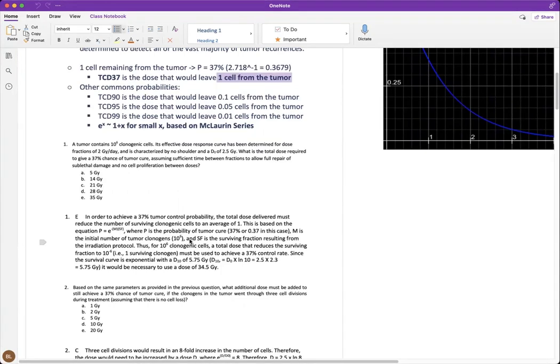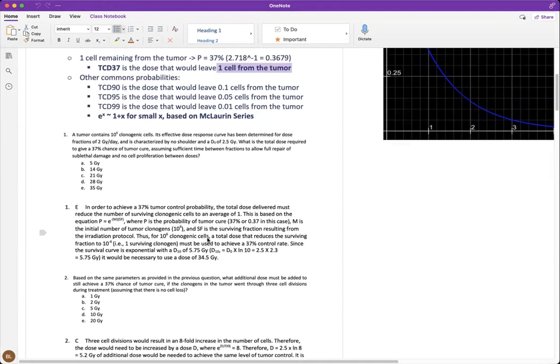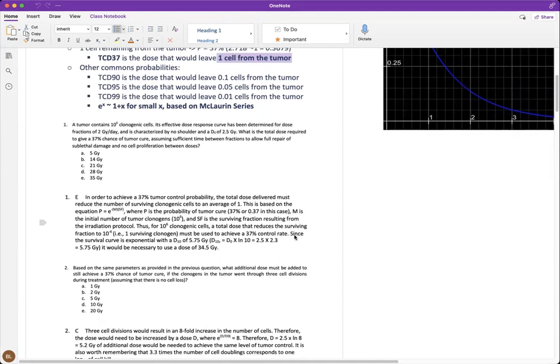So now that we know we want the surviving fraction to be 10 to the negative 6, since the survival curve is exponential with the D10 of 5.75 gray, here they did D10 equals D0 times natural log 10. Here D0 was 2.5 gray, and natural log 10 is about 2.3.